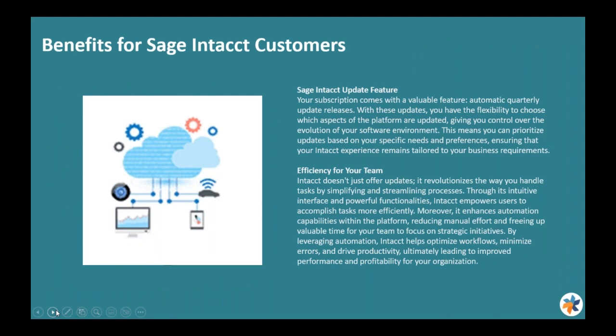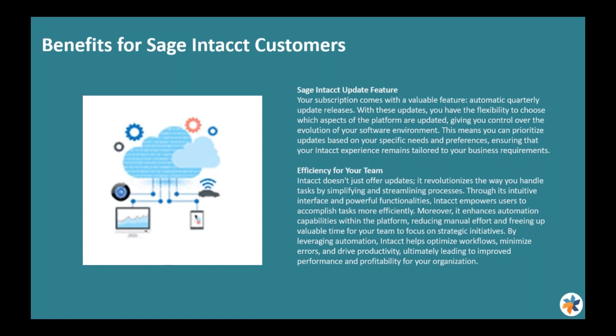Intacct accommodates all business growth without requiring substantial system changes or upgrades. It also allows additional users, functionalities, and integrations with other systems as your business needs evolve. The Sage Intacct update feature also highlights the benefits of automatic quarterly updates included with your subscription.